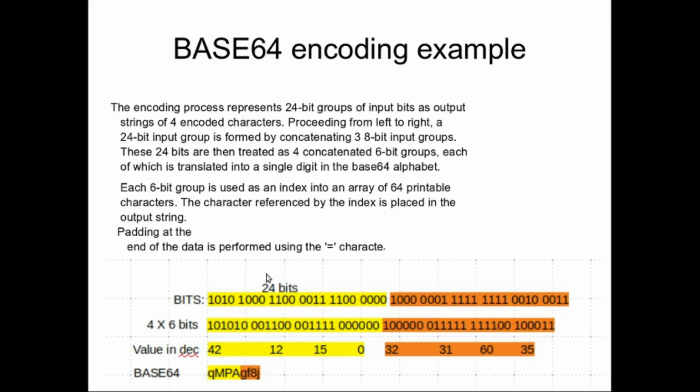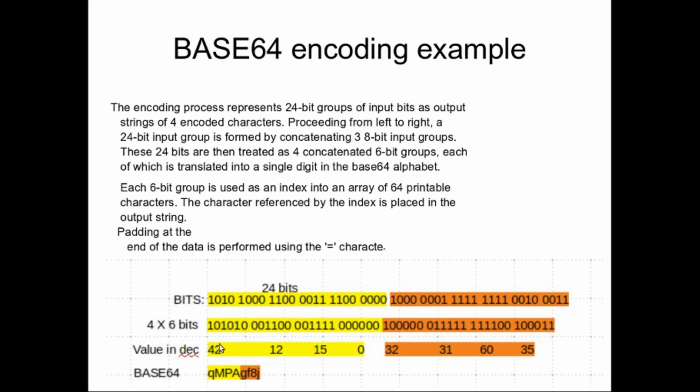If you come down to the example, this is the big bit stream which we see. Now we take blocks of 24 bits, which make four 6-bit segregations. Each 6-bit value is represented by a printable character.